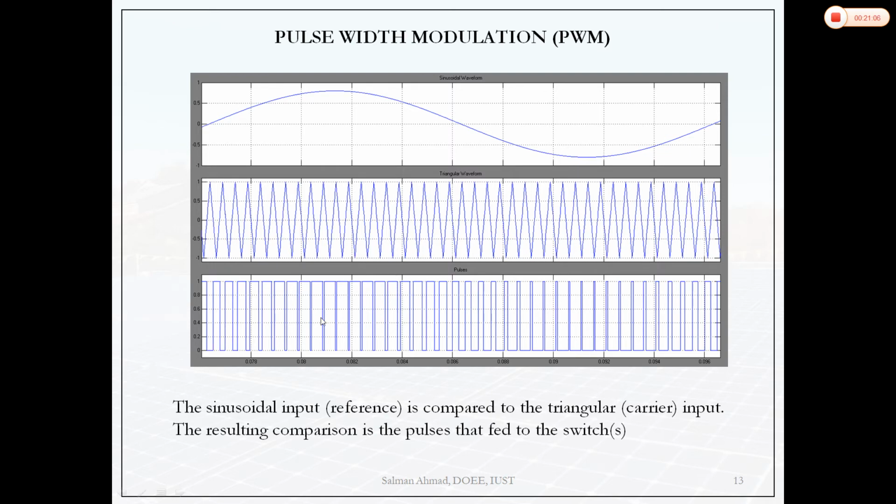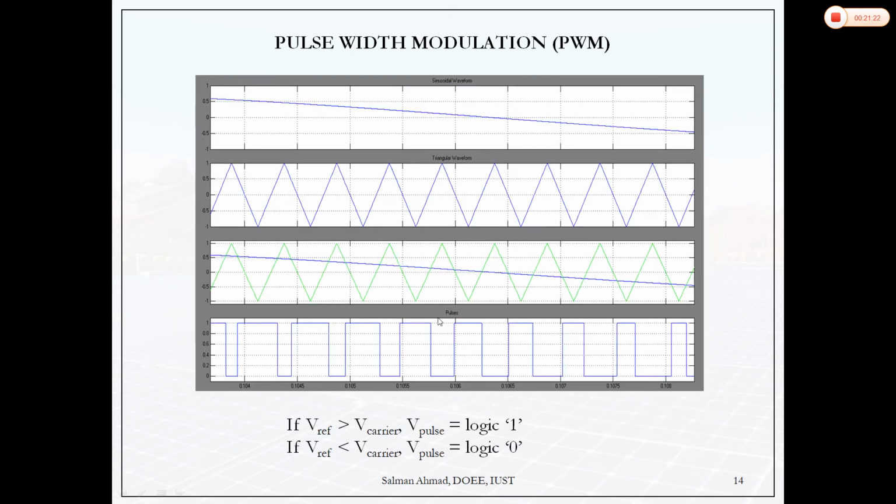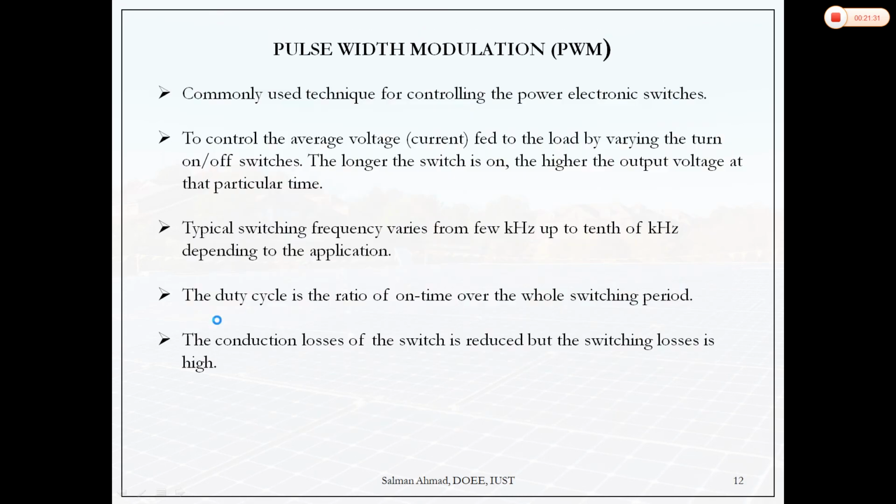That's why the magnitude is more in the middle part in comparison to the initial part. So this is the bipolar waveform. If that pulse is applied, for the high pulse we can apply switch 1 and switch 3, if we see the configuration.